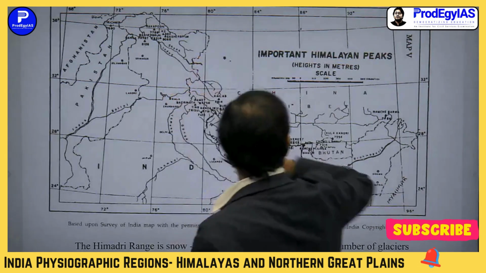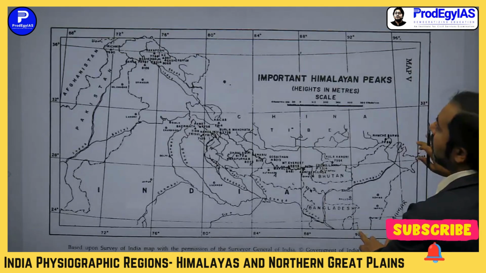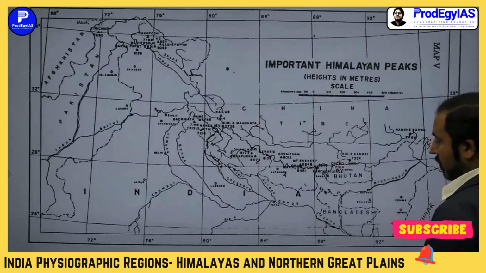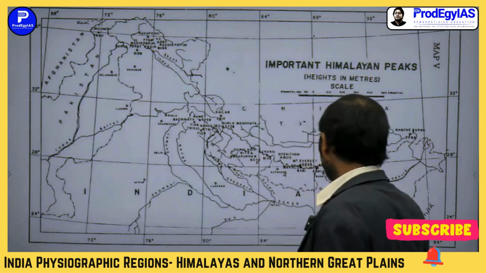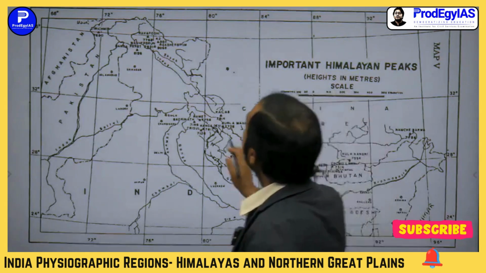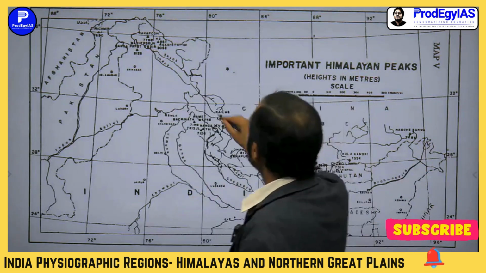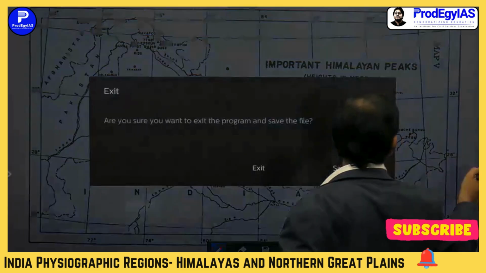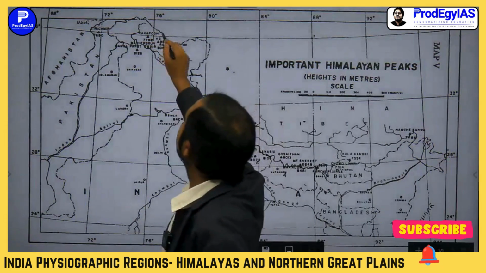Though it is not a very clear map, this is the map from the Gazetteer of India, from the Surveyor General of India. So it is an important map. In all other maps, you cannot see all these peaks. So I will try to locate all the important peaks of India, meaning in the Himalayan region.